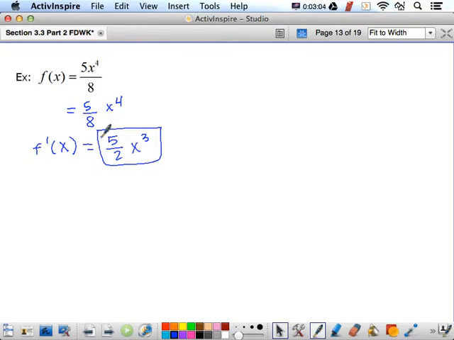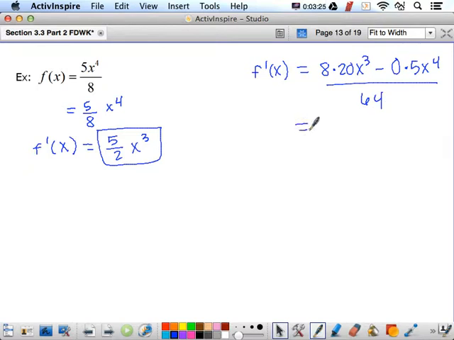So it's really easy to do that without the quotient rule. It would still work with the quotient rule. So if you did get in a hurry and you were going to do it with the quotient rule, you would have low d high minus high d low over low, and then you would clean it all up.